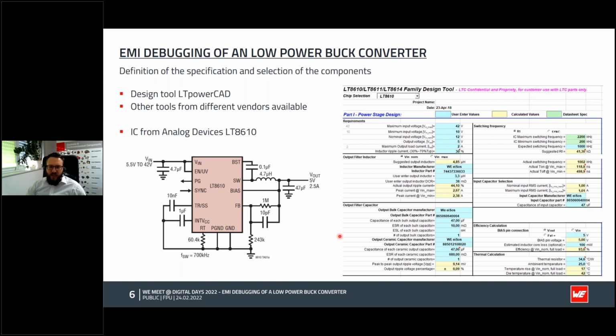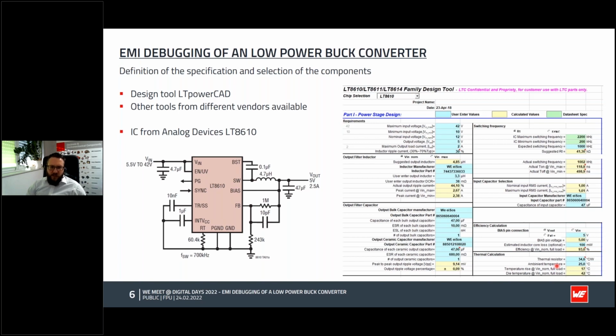There are also some design tools that support finding the components, like here, from LTpowerCAD, an Excel sheet, where we get all the values and components that we can use, and also get a feeling about stability and so on.